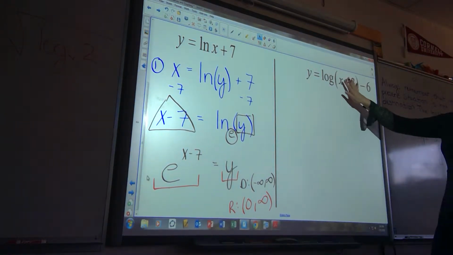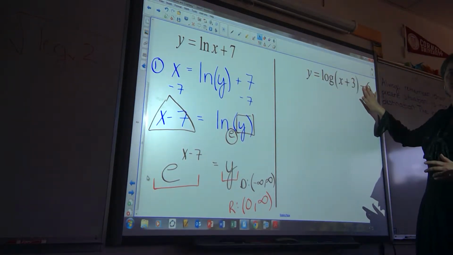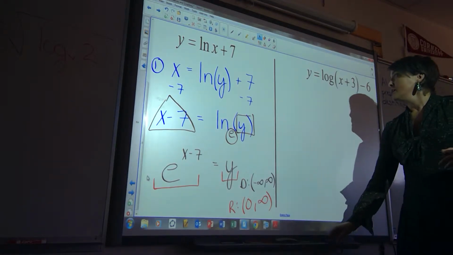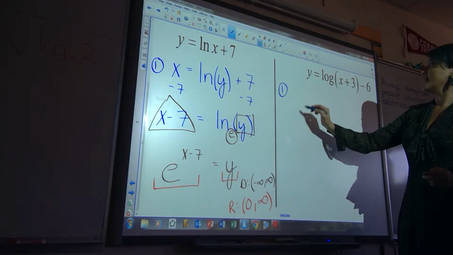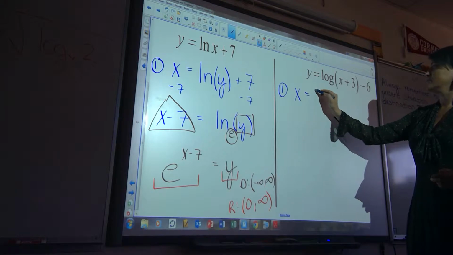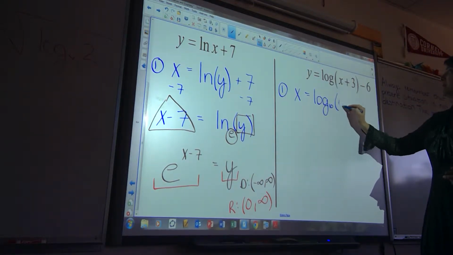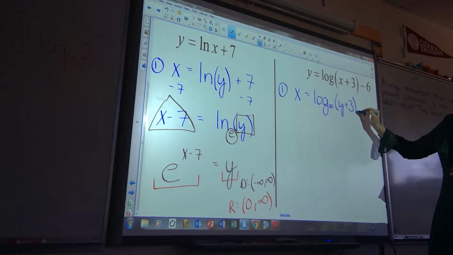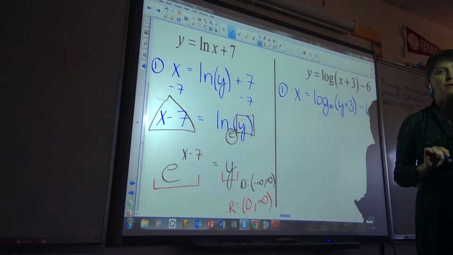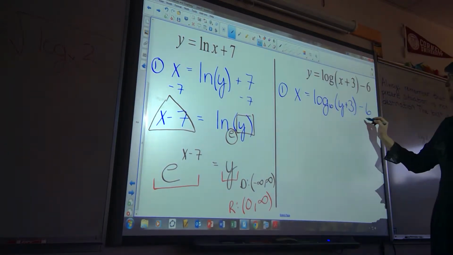For this one, there are both x changes and y changes. If we start off by switching x and y, we're going to have x is equal to log, and this is log base 10, of y plus 3 minus 6. Let's move that 6 first.